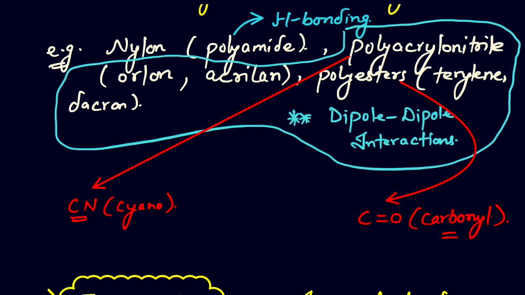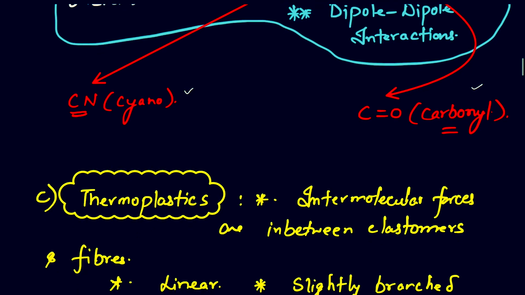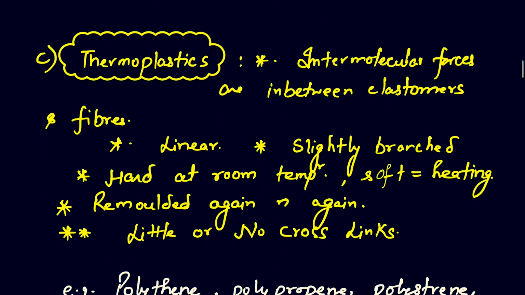Now there is a cyano group present in polyacrylonitrile. Next is the polyester. The polyesters contain terylene and dacron. There are dipole-dipole interactions in them. Polyesters contain carbonyl group.